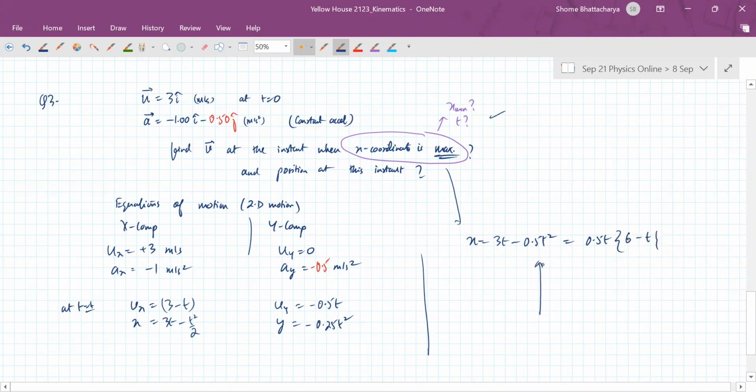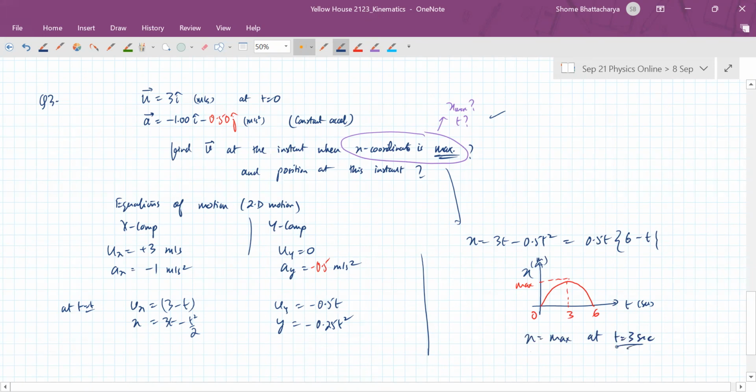So you can see that the x coordinate as a function of time is like this. At 3 seconds, it's becoming maximum. So x is maximum at t equal to 3 seconds.